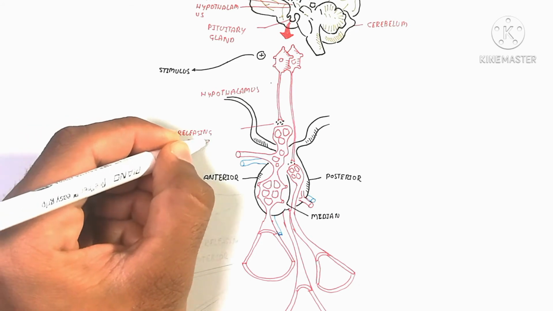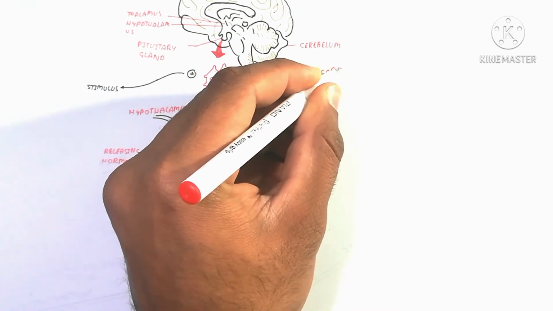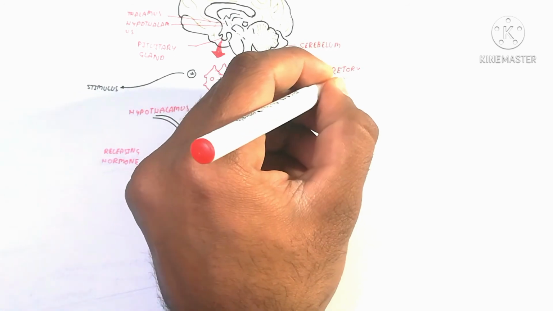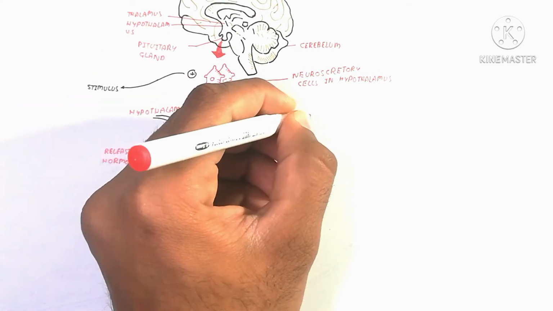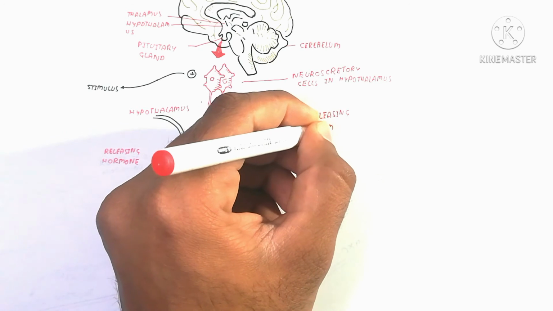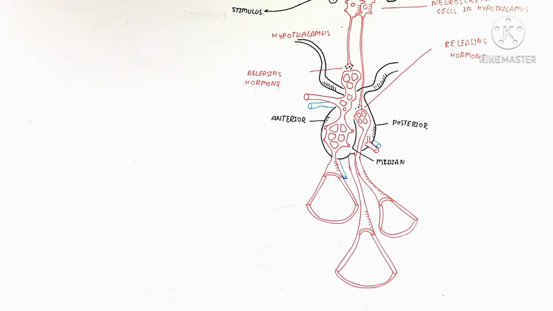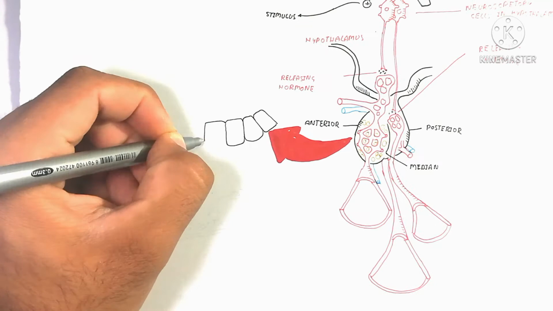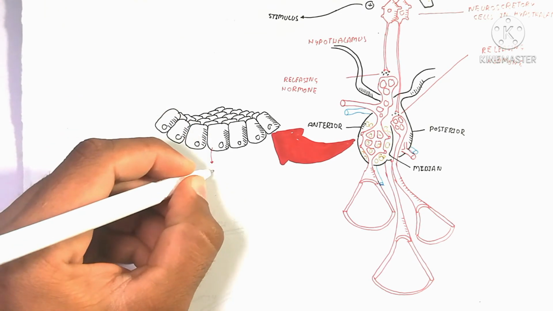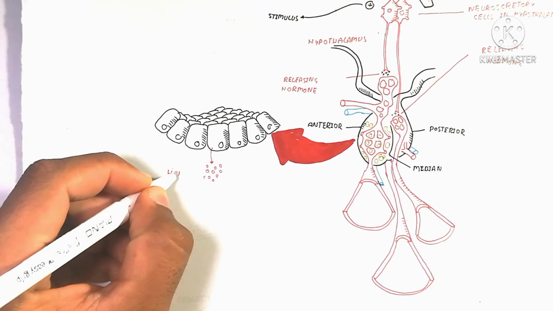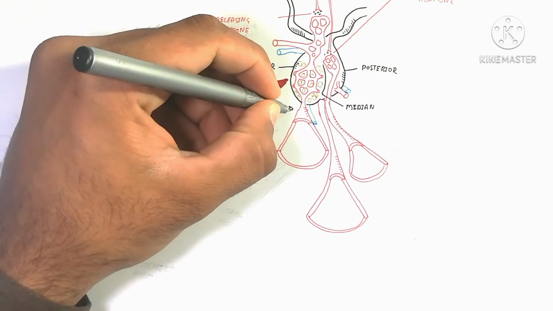The pituitary gland works like this: the hypothalamus stimulates by releasing factors, and neurosecretory cells store the neurotransmitter and then stimulate the anterior pituitary gland to produce hormones. The anterior pituitary gland contains glandular cells, and these cells create the hormones.